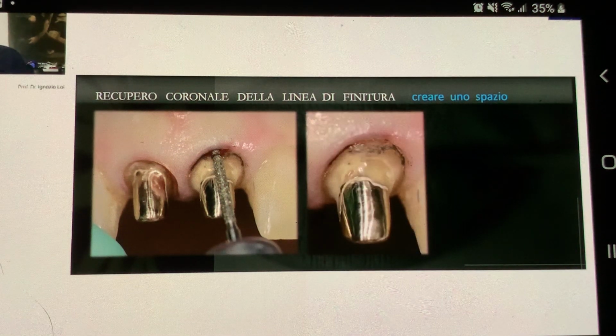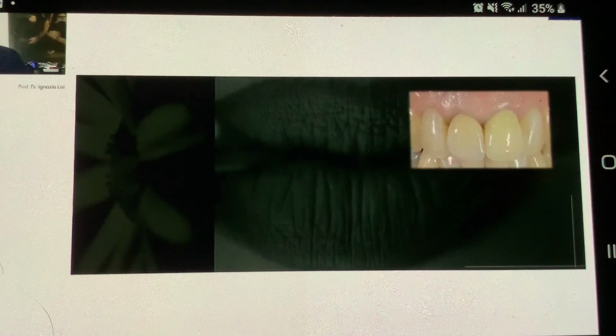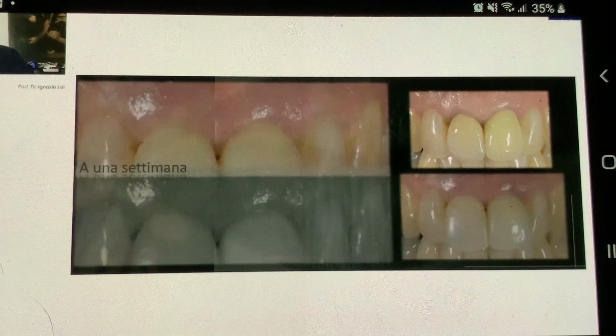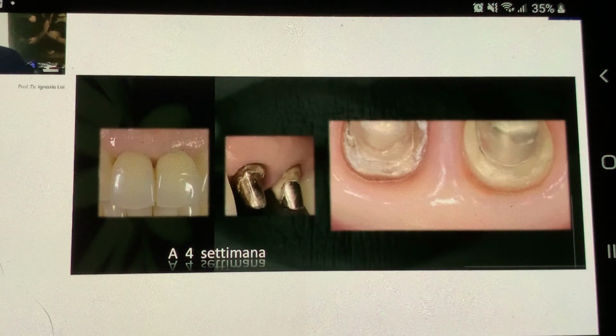So through a preparation, we look for the wall, and as you can see, we create an area that will allow us to recreate restorations that can be symmetric. So they can give symmetry information to the papillae to be able to be realigned. So you already see after 1 week how the provisional teeth realigned, in this case the papillae, but we can also see how the tissues responded.